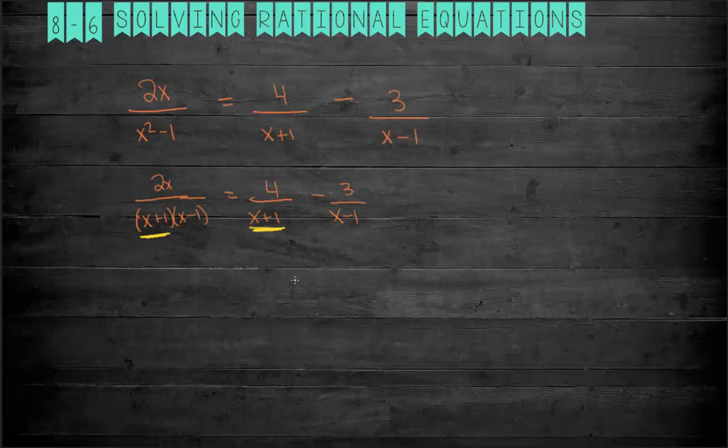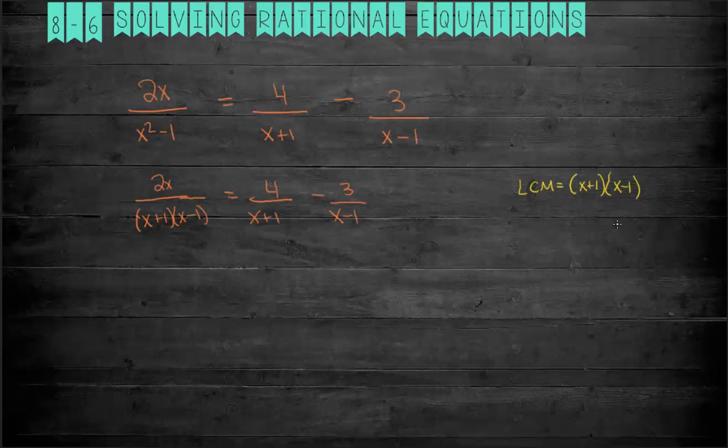They're both just first degree, so my LCM is going to include an x plus 1. I also see an x minus 1 showing up here as well as over here. Since they're both just first degree, there's no need to do any fancy exponent work, so I'm just going to use an x minus 1.